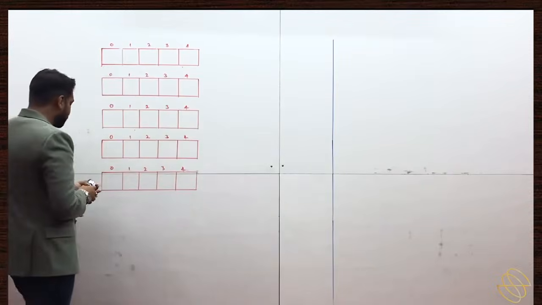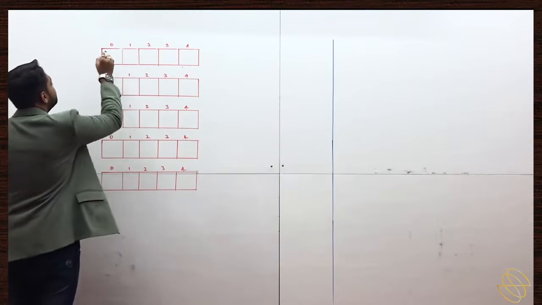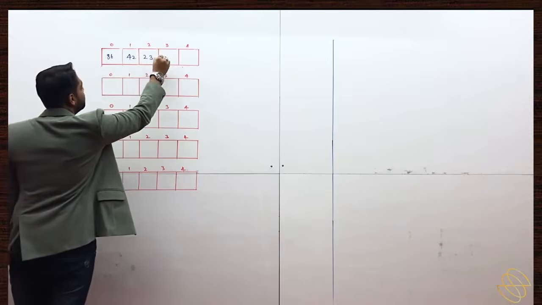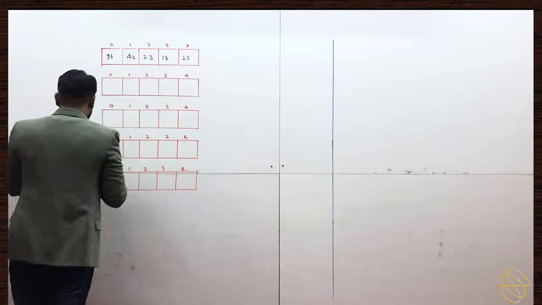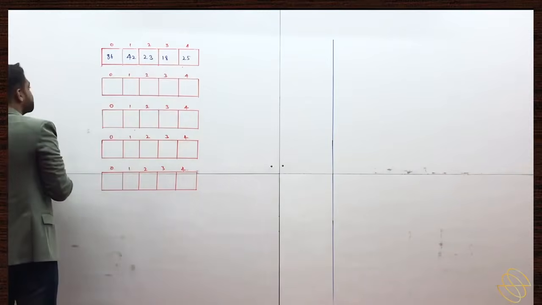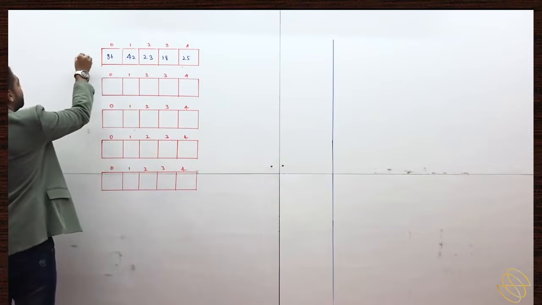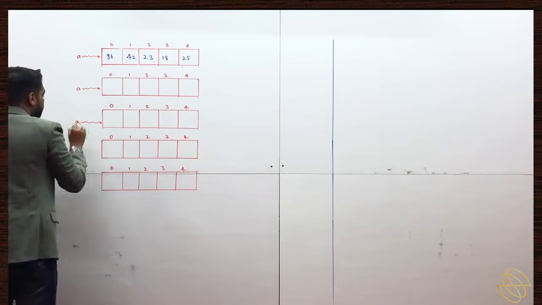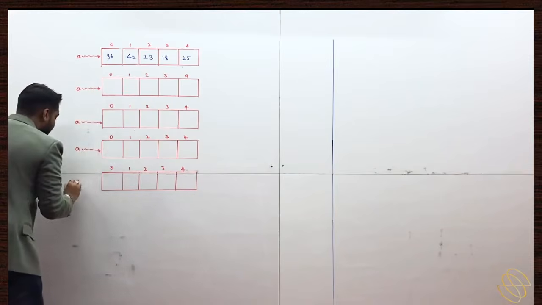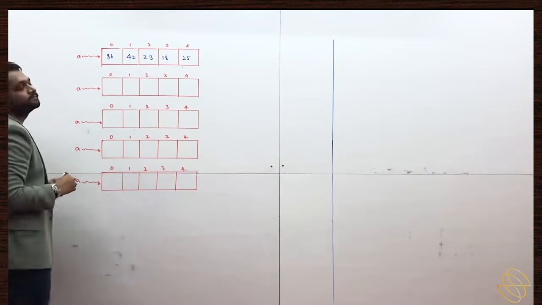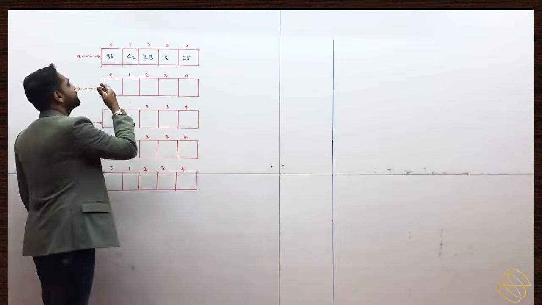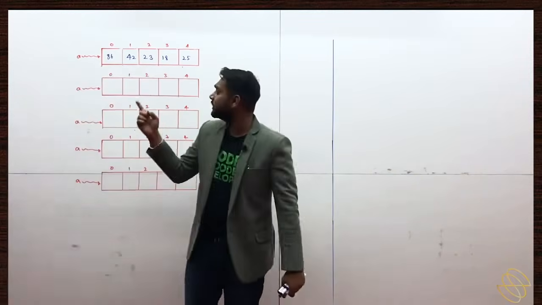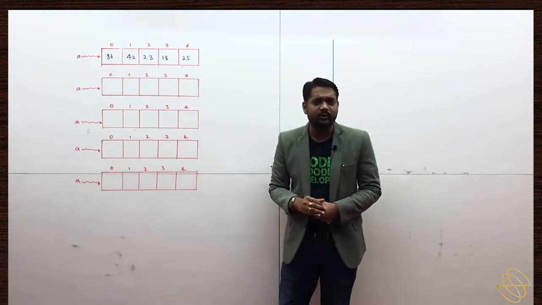Supposing I have a few elements in an array like this: 86, 42, 23, 18 and 25. These are the elements present in an array A. Let the name of the array be A. Next, look at the elements correctly and tell me, are they in the sorted order?